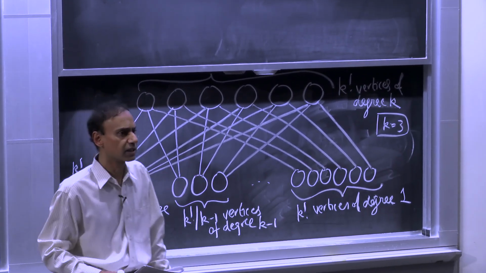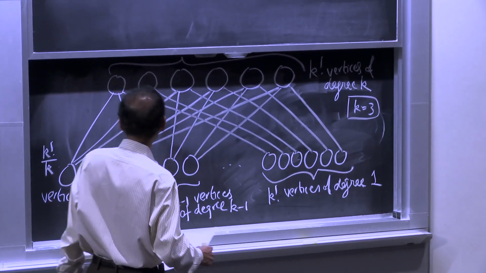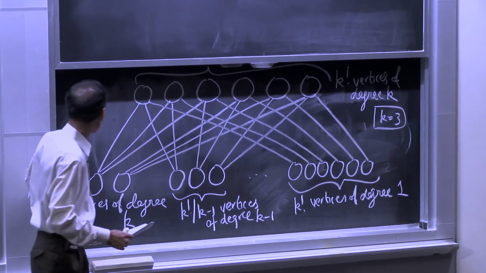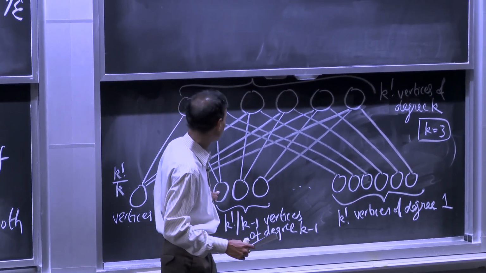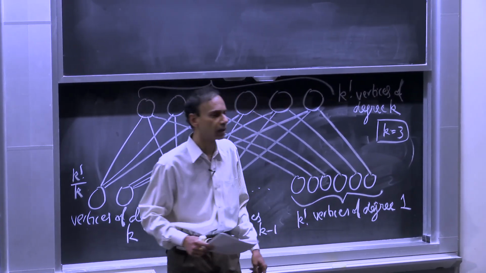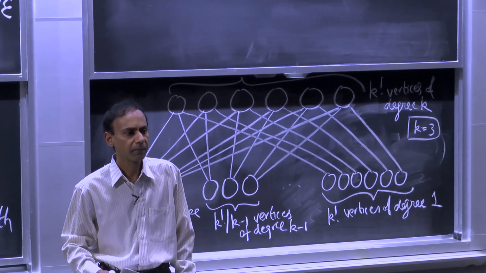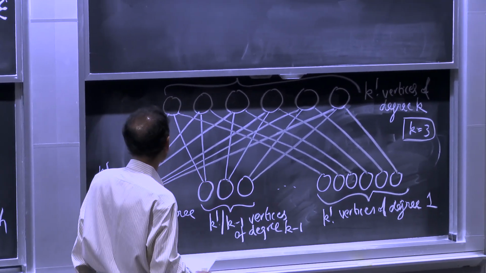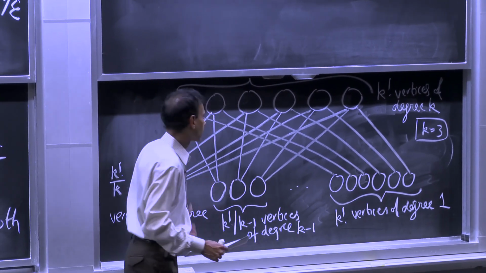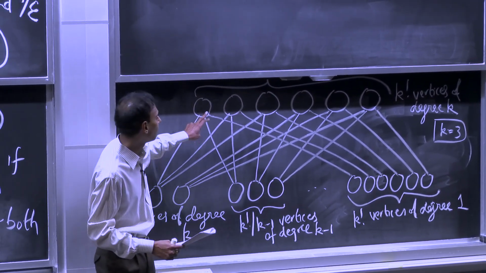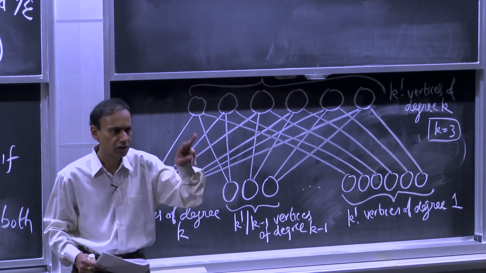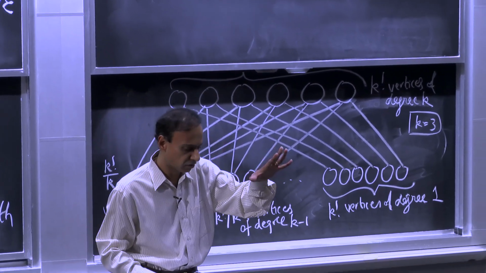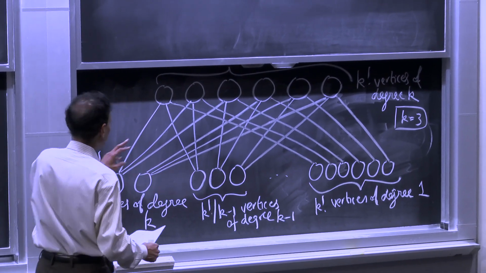So k equals 3 in this case, so I have 6 vertices up there. I got 2 down here because this is 6 divided by 3, because k is 3. And then I got 6 divided by 3 here, so that's 2, and 6 divided by 1 here, and so that's 6. These edges are set up in such a way that it's a pathological example. And I misspoke in terms of the approximation algorithm. I'll correct myself in just a second, in terms of log n.